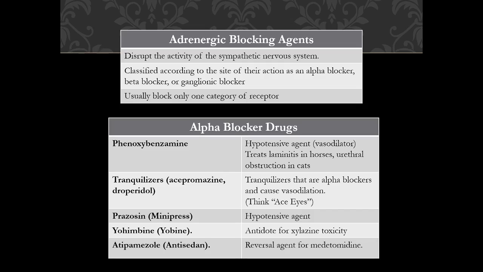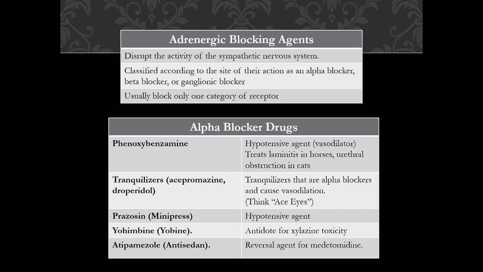Tranquilizers, acepromazine, and droperidol are alpha blockers and they cause vasodilation. I want you to remember what ACE eyes look like. If you see an animal that's under the influence of acepromazine, their eyes are droopy and the conjunctiva around their eyes are really red.